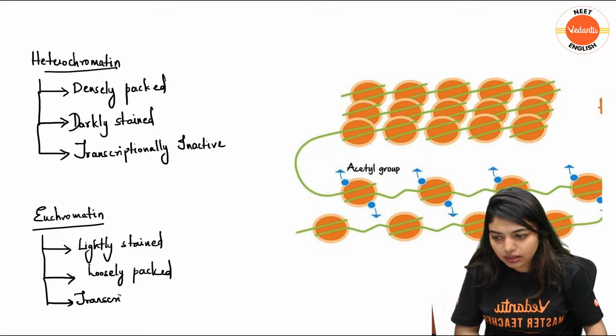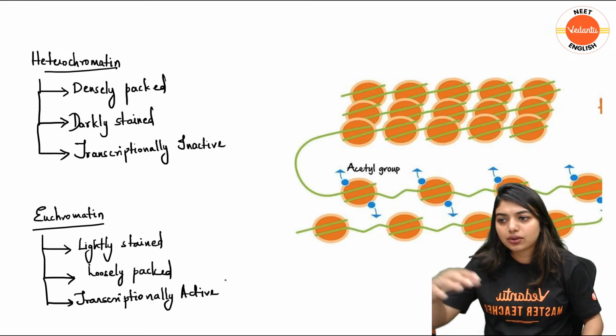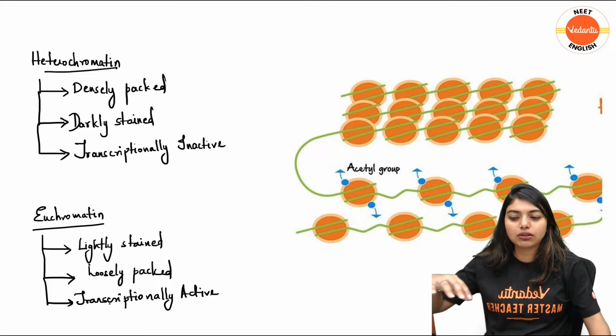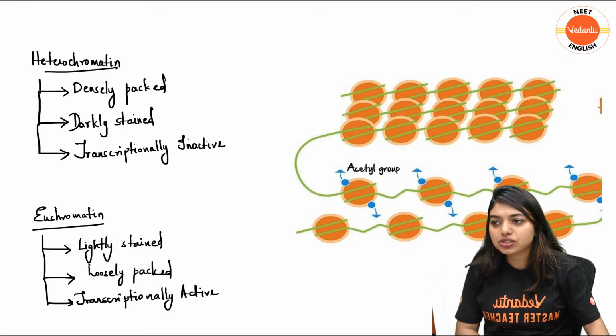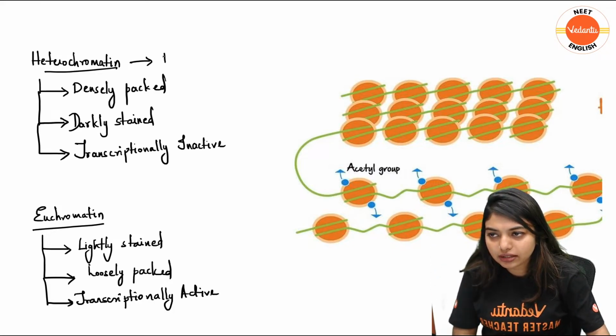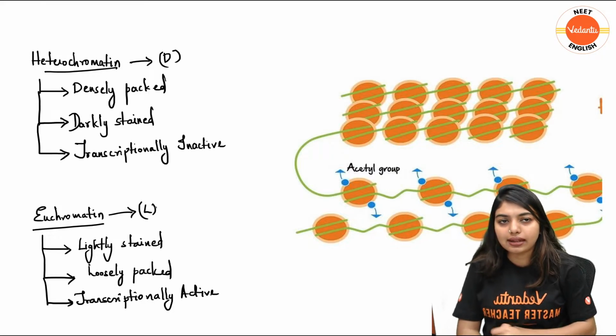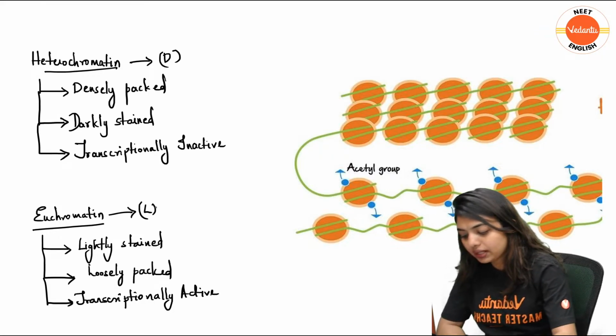You write the opposite, okay? Vice versa. Simple. Here it was densely packed, here it is lightly stained. So here everything will be L, there it will be D. For heterochromatin, you remember the letter D, for euchromatin, you remember the letter L. That's all. Simple, easy.